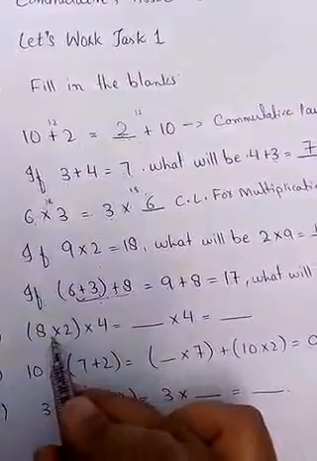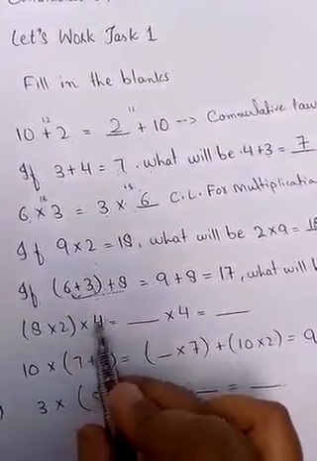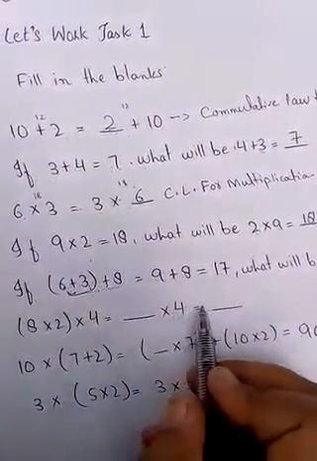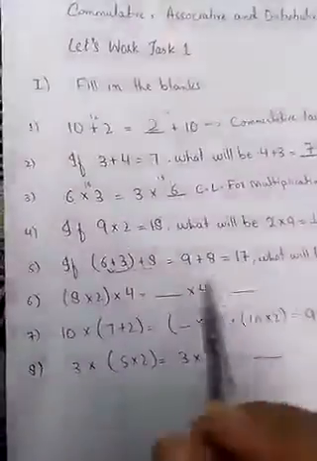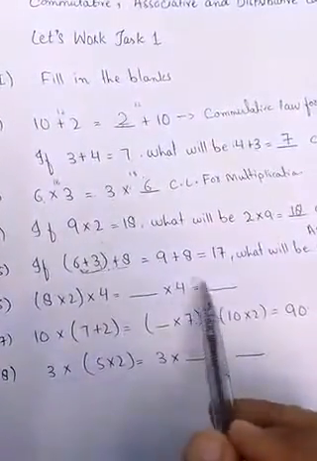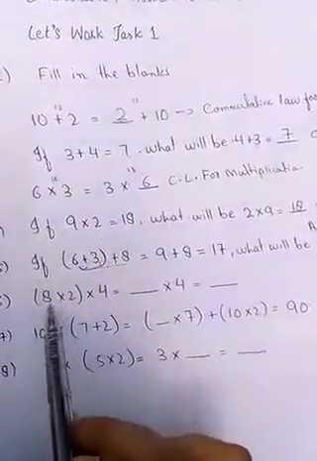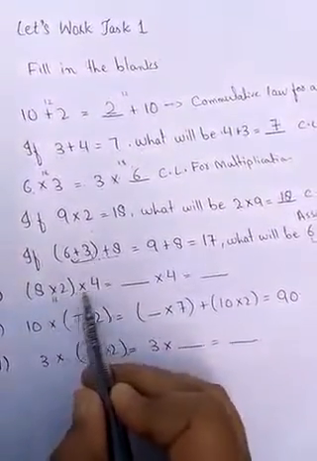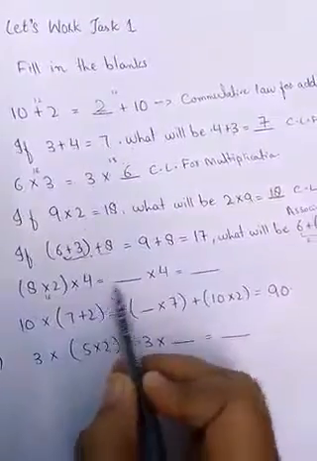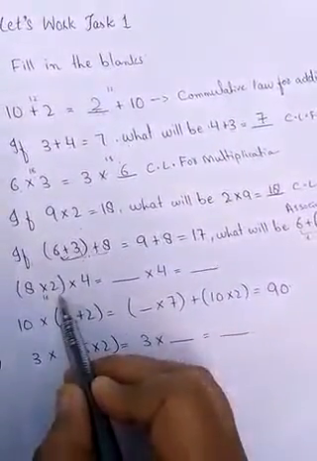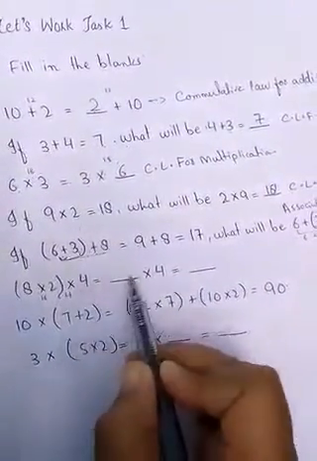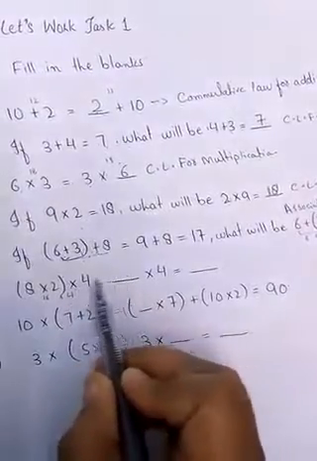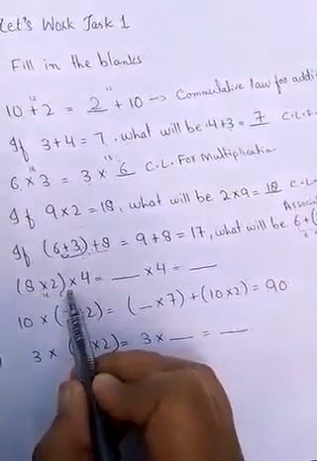Now 8 multiplied by 2 multiplied by 4 is equals to dash multiplied by 4 is equals to dash. We have to make all the sides equal. So first 8 multiplied by 2 is 16 and then multiply by 4. Now what we have to write in the blank to make the side equal to this side?